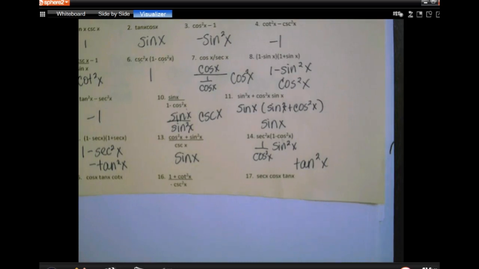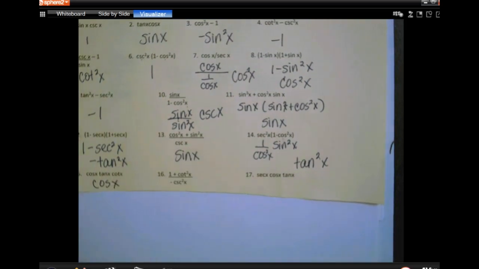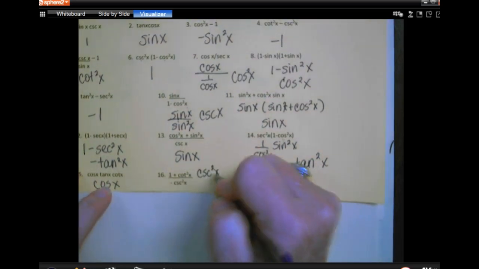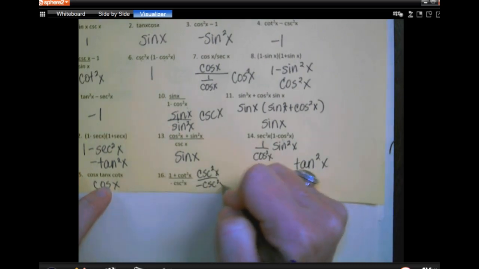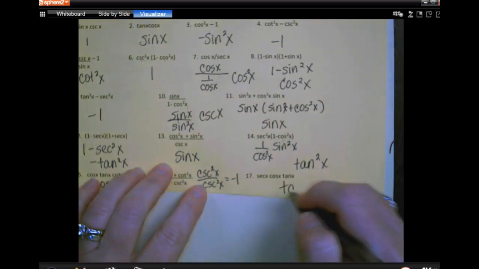You know what I mean? So on number 15, what happens when you multiply tangent and cotangent? It's 1, so you get cosine. 1 plus tangent or cotangent squared is cosecant squared divided minus cosecant squared gives you negative 1. What is secant times cosine? So you get tangent.